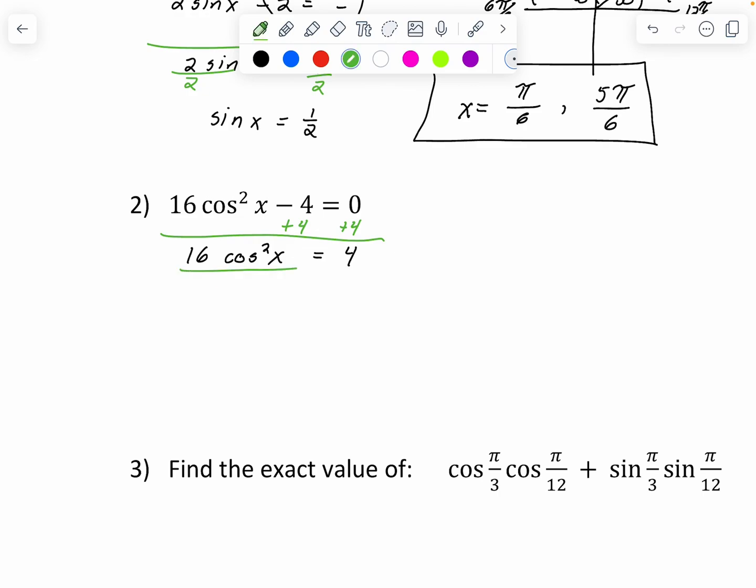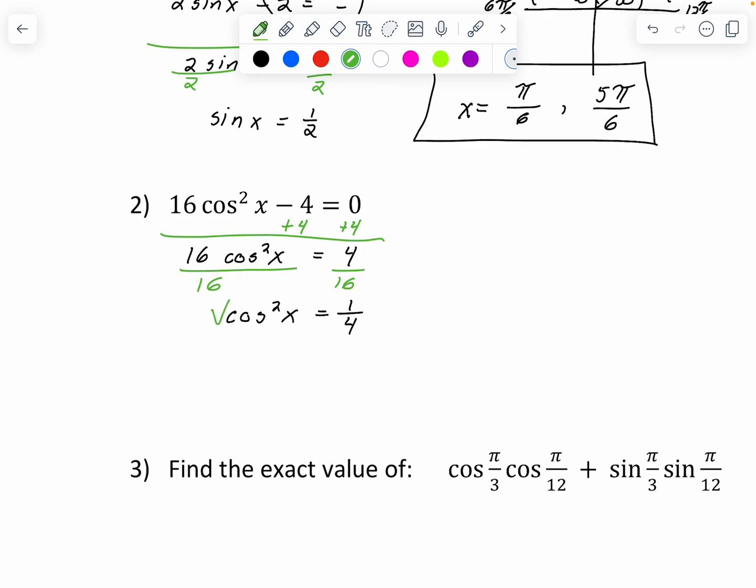Then I would divide by 16, and so then this would give me cosine squared x equals, and 4 over 16 simplifies, so I'm going to simplify that to 1/4. Now, since I have cosine squared by itself, that's great, but I still need to get cosine by itself.